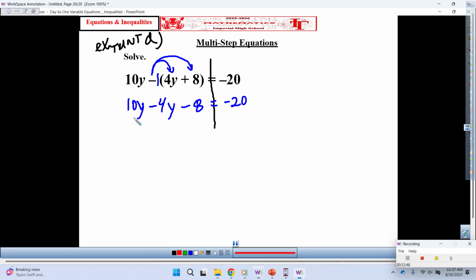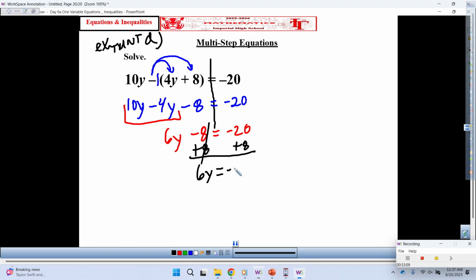Next, can we simplify the left side, people? Yeah, what is 10y minus 4y? 6y minus 8 equals -20. Next, we add 8. 6y equals -12.